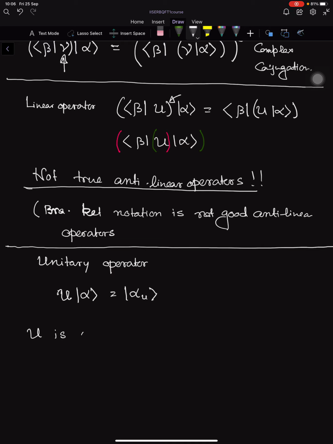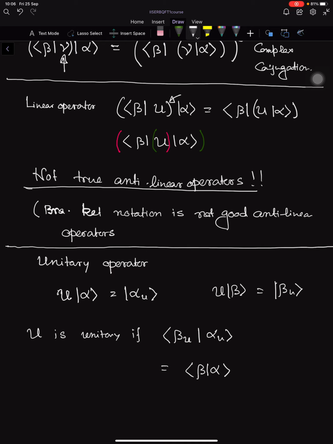U is unitary if, in the same way, I can define u acting on some arbitrary vector beta, beta u alpha u is the same as beta alpha.